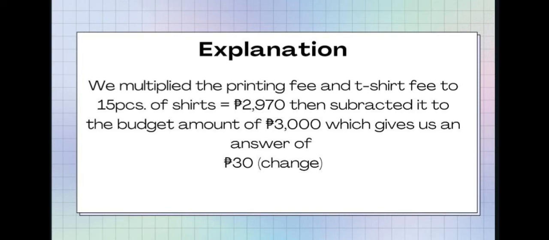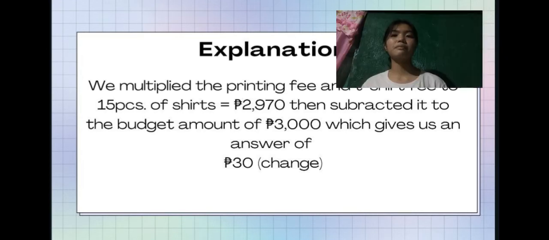So we multiplied the printing fee and t-shirt fee by 15 pieces of shirts, and we get the amount of 2,970 pesos, then subtracted it from the budget amount of 3,000 pesos, which gives us an answer of 30 pesos. So the customer's change from the budget is 30 pesos.